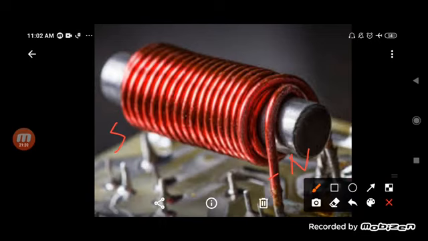You have seen that in a bar magnet a magnetic field is produced around it. Similarly, in a solenoid a magnetic field is produced when the current flows through it. Now let us see how the current flows through the solenoid.